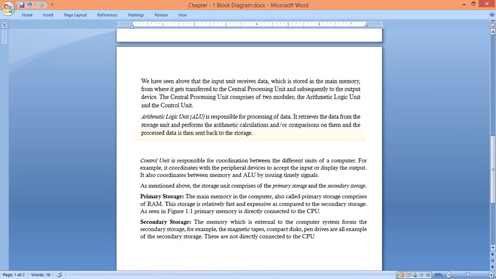It can be any type of calculation, plus, minus, multiply, divide, or any type of comparison, like if A is greater than B or not. Either the condition will be true or it will be false. That entire task is accomplished by the ALU, that is arithmetical logical unit.